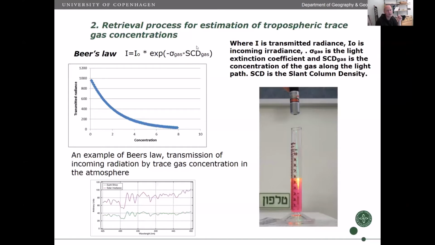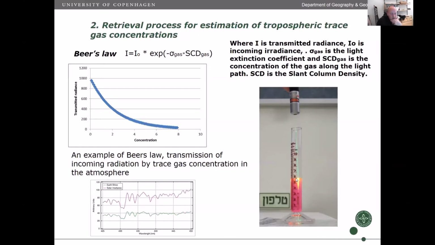So this slant column density is the same thing as the concentration of the gas. So as an example, pretend that this is the sun that shines into the atmosphere.